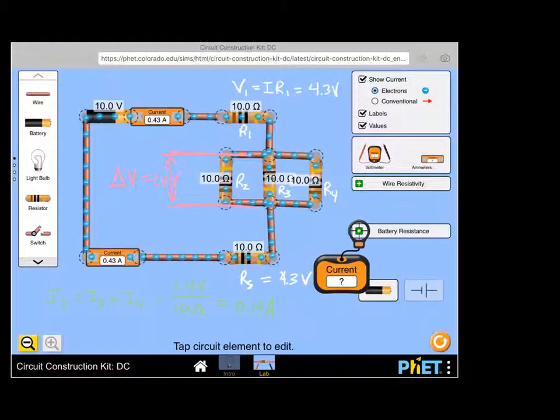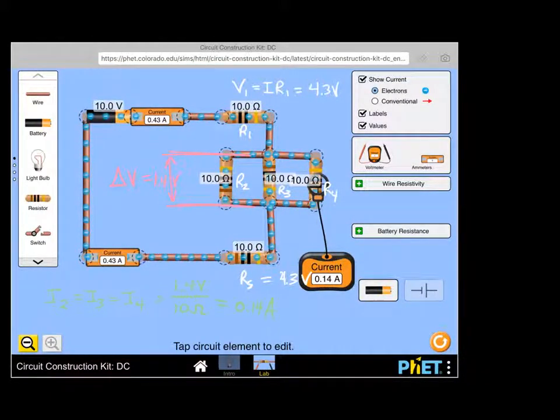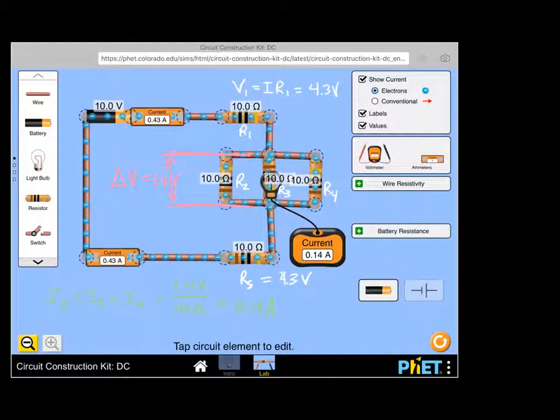There we go, 0.14 amps. Each one of those legs has 0.14 amps going through it, which should make some sense, because what's 3 times 0.14? Should add up to basically 0.42, and if it had all the decimal precision that the voltage meter has, or that we had computed, then we would get that 0.43 amps back again.